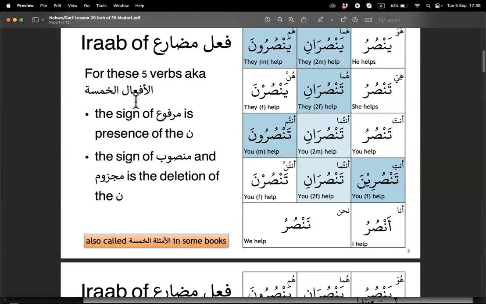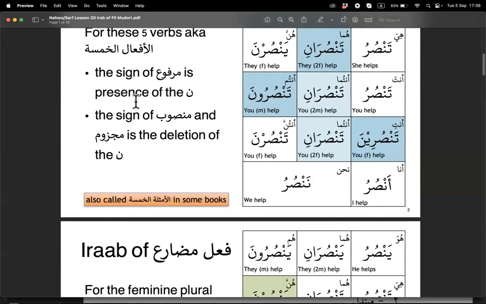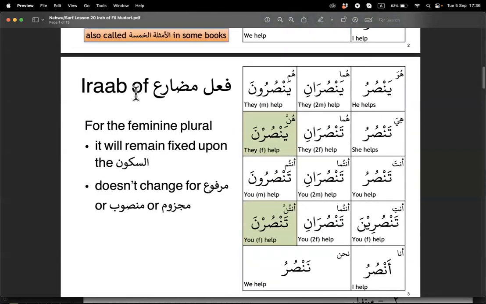And then for the plural feminine, it will never change. It will always be like this, whether it's marfu, mansub, or majzum. So we use the term mabni, which means fixed. Mabni ala sukun, because every time we have the kunna or antunna version, we put sukun and then nun fathah.